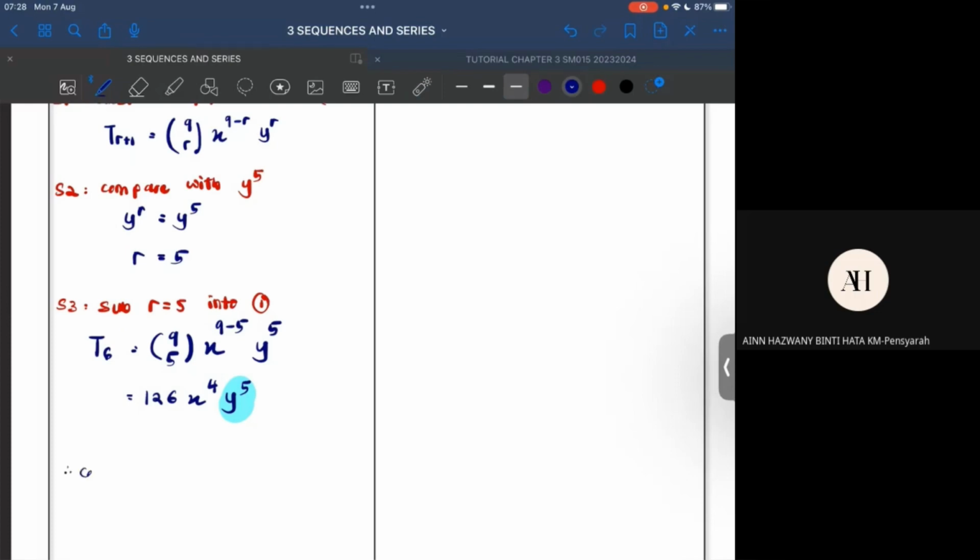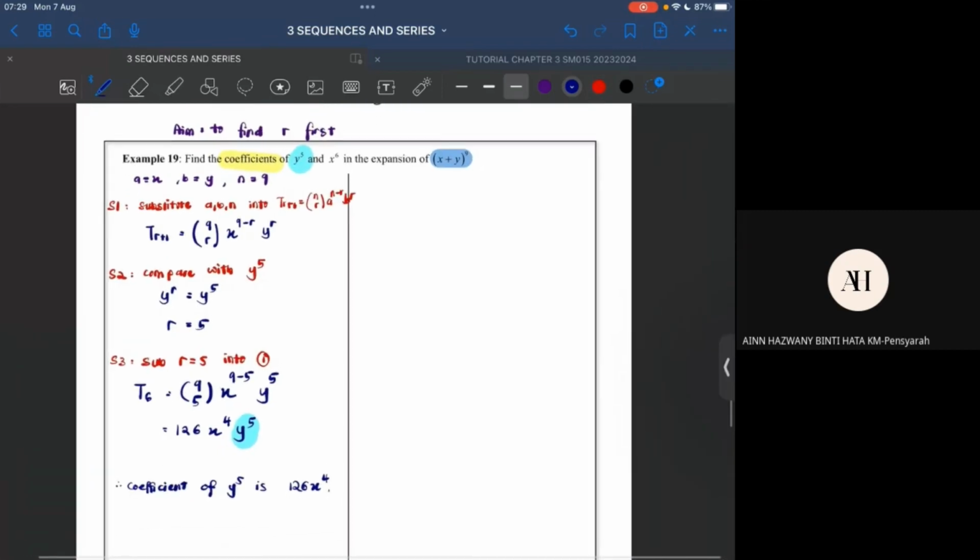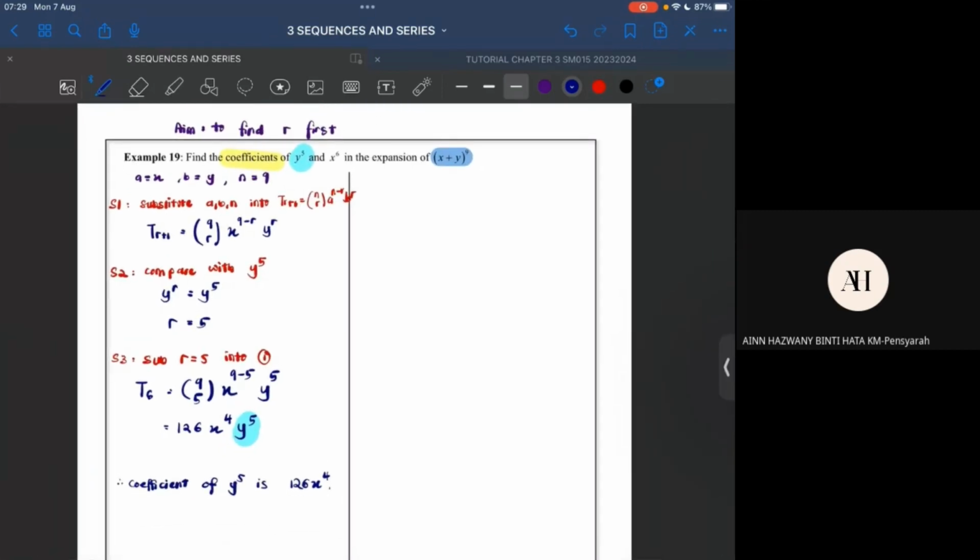So our final answer, coefficient of Y5 is 126 X to the power of 4. And that's it. Kita dah jumpa coefficient untuk y to the power of 5 tanpa perlu expand satu. Faham? Okay?